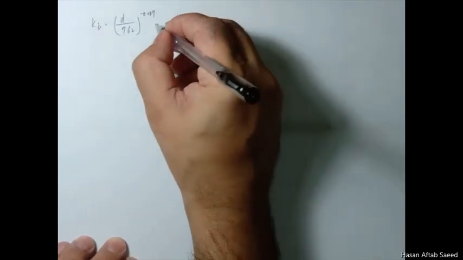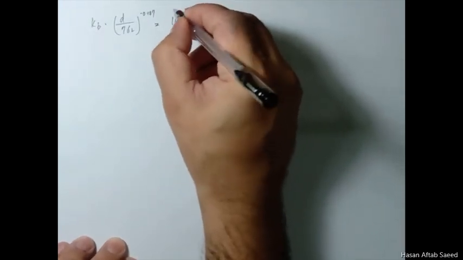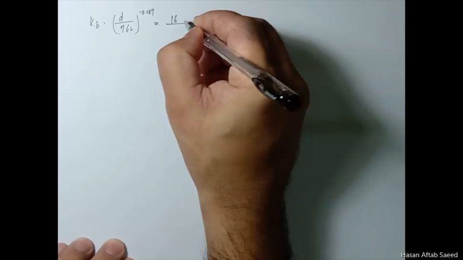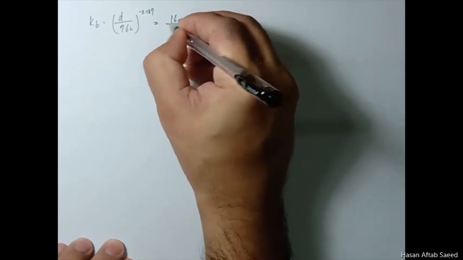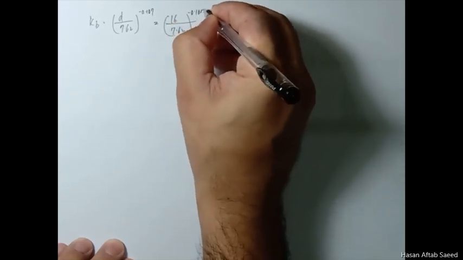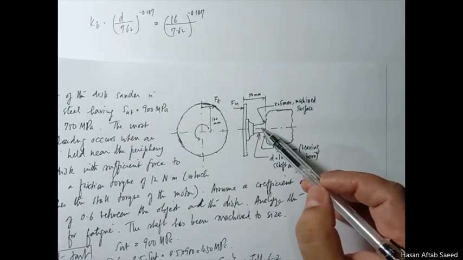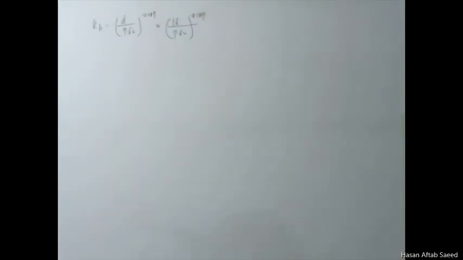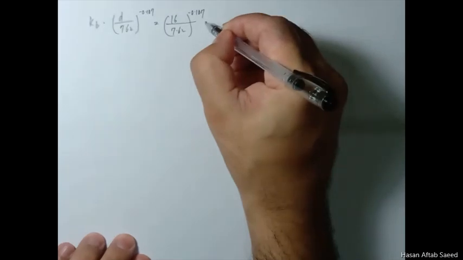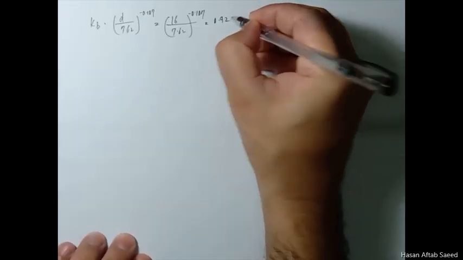We are focusing on bending here. 16, this is the diameter. This is the diameter of the shaft. And this is 0.92.